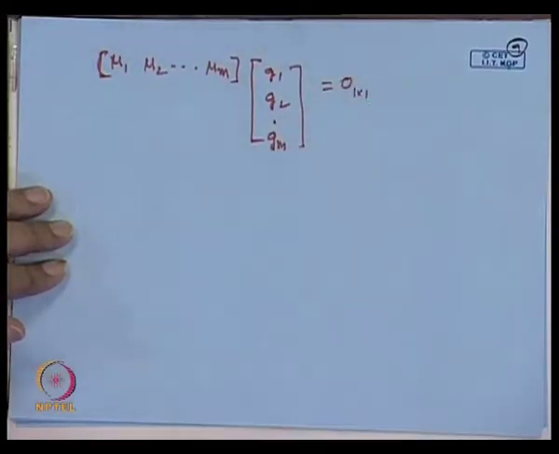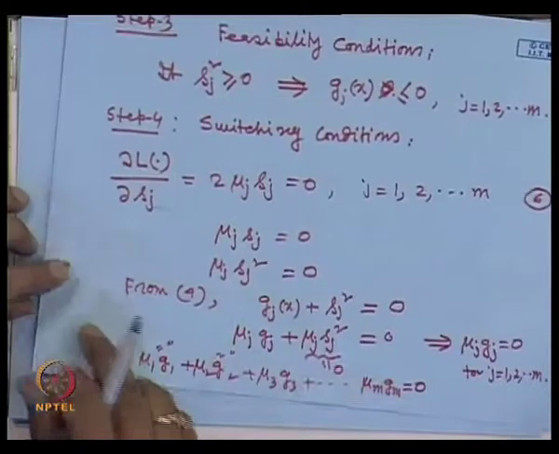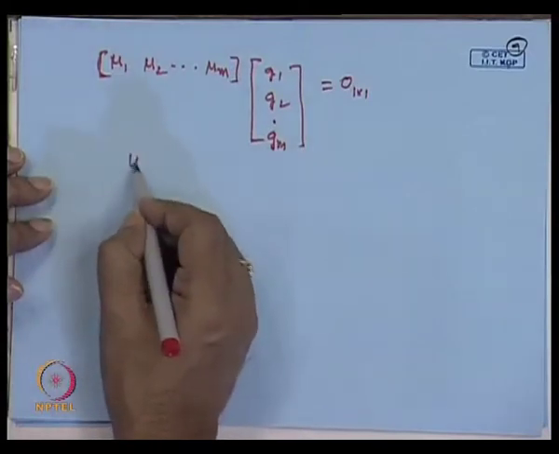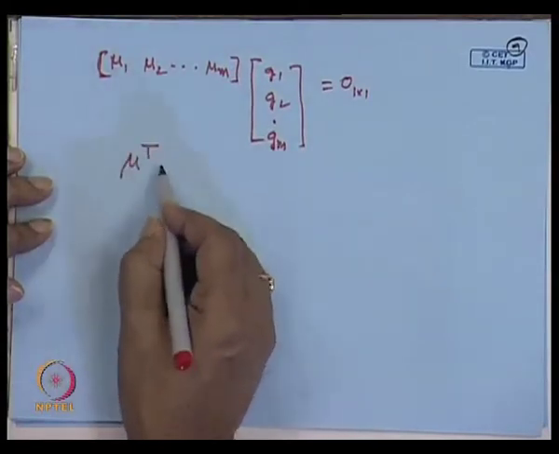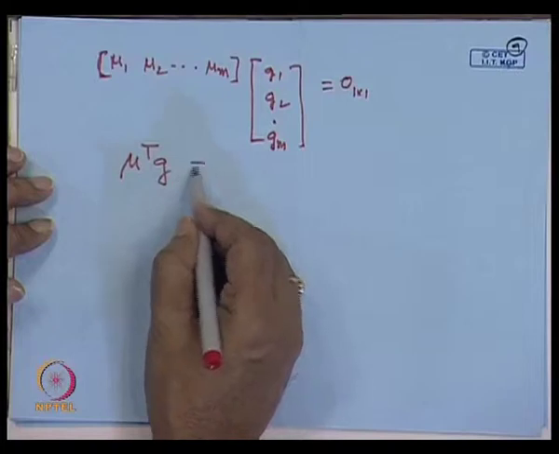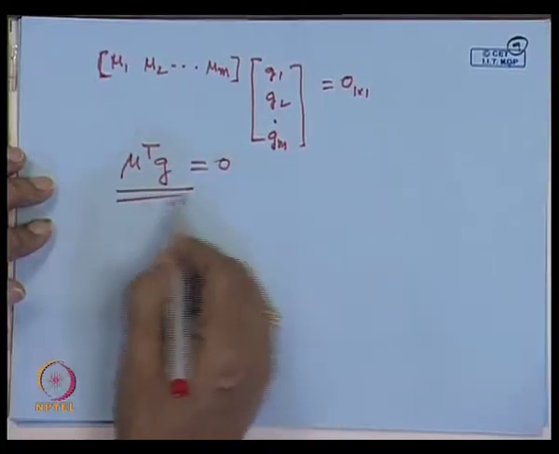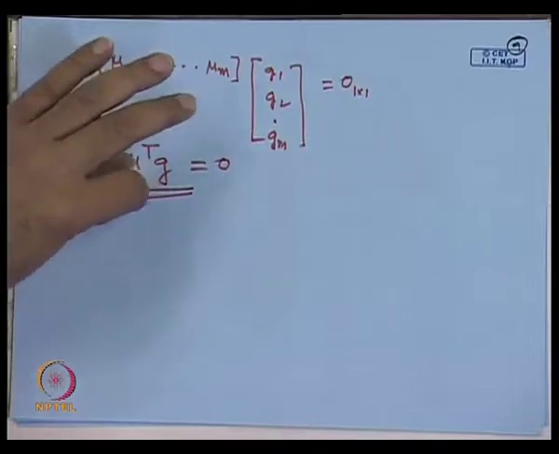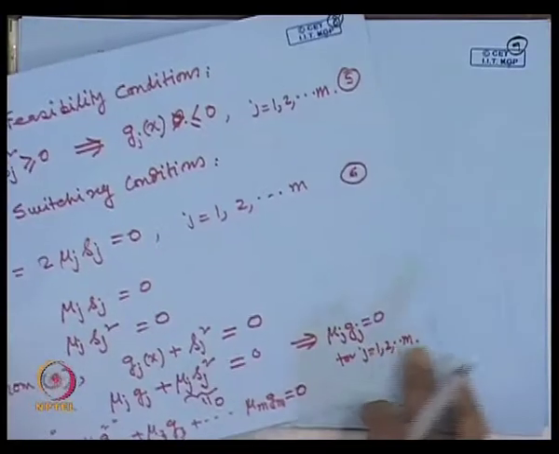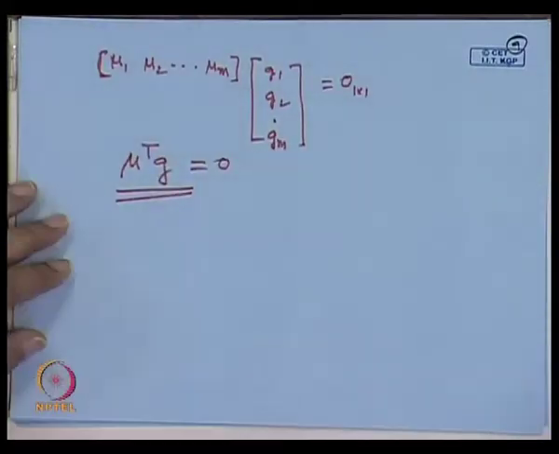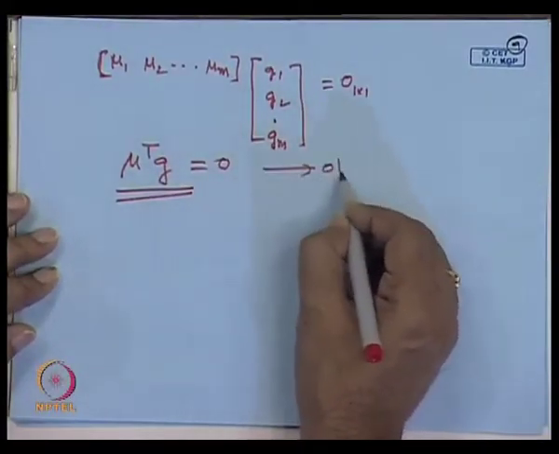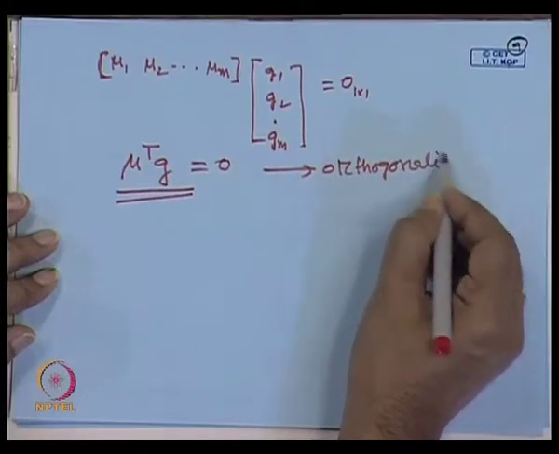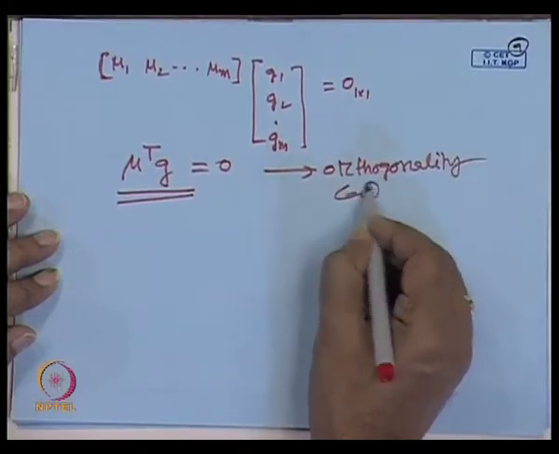In vector form, we can write mu transpose G is equal to 0. So, this indicates the switching condition. It is nothing but the orthogonality condition, as we also write it. This is the orthogonality condition.